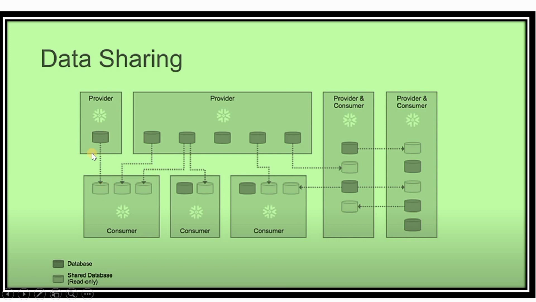So this is the provider, and these are the consumers. Let's take this consumer: it has these three databases with read only permission, and it takes the data from this provider and from this provider database as well.